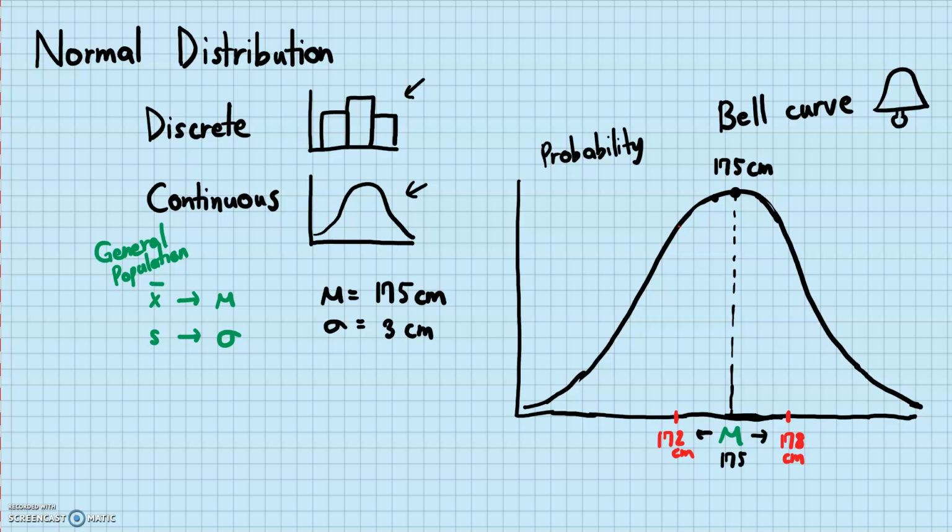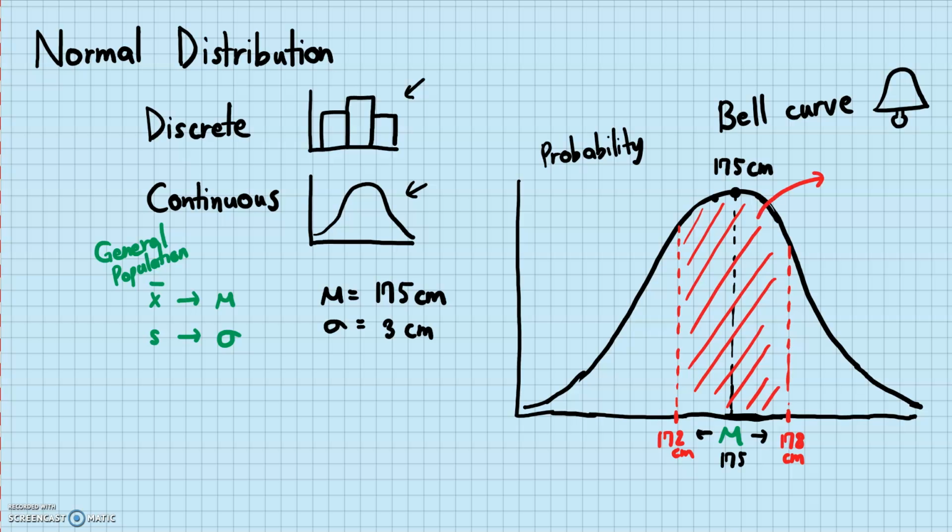And if you calculate the area within 1 standard deviation from the mean, this will be 68% of the population. Okay, so that means 68% of the people are between 172 centimeters and 178 centimeters tall.